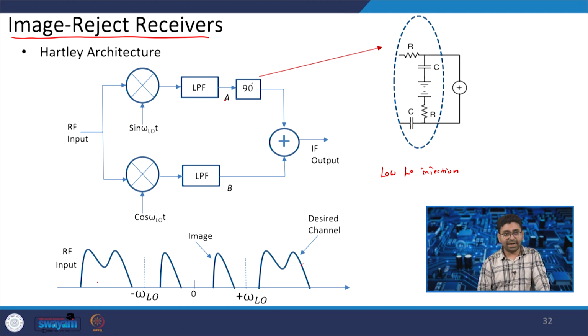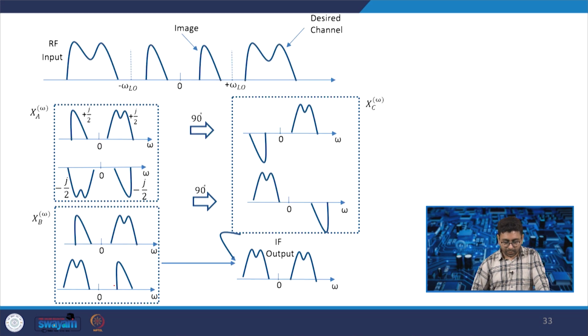In the same way, at the negative frequency there is an image. Here, this is the desired channel, and this is omega LO. This is, let us say, the input frequency omega C, and this is omega Im, this is minus omega Im, and this is minus omega C.